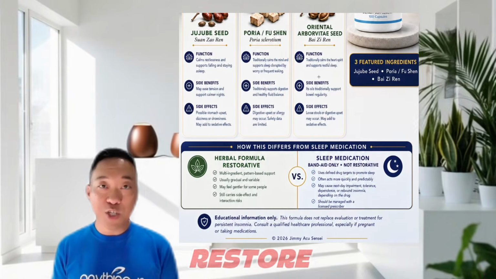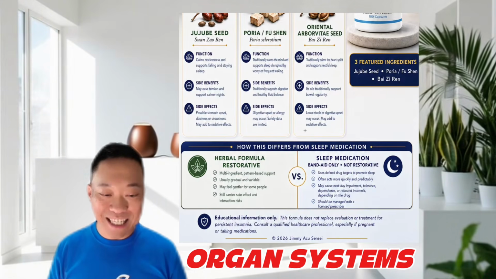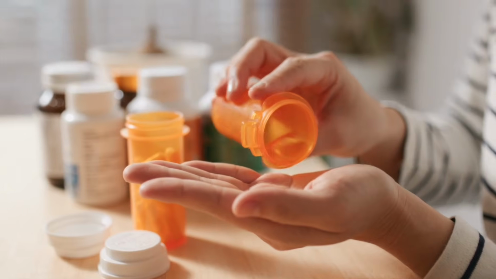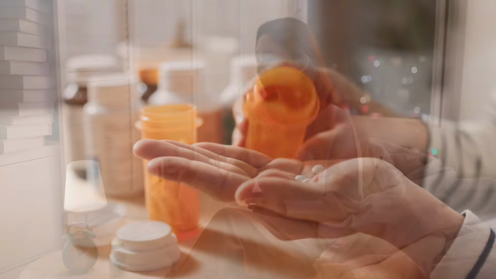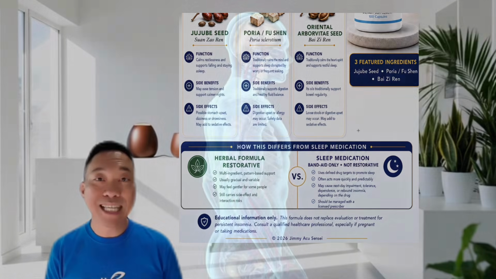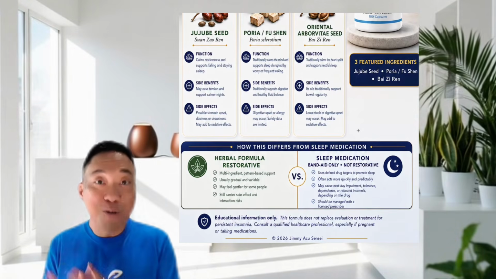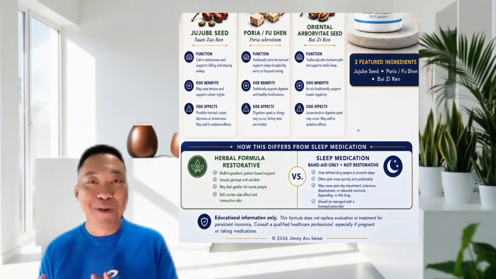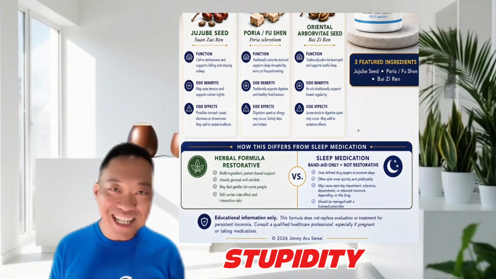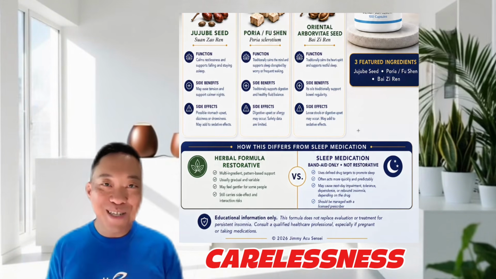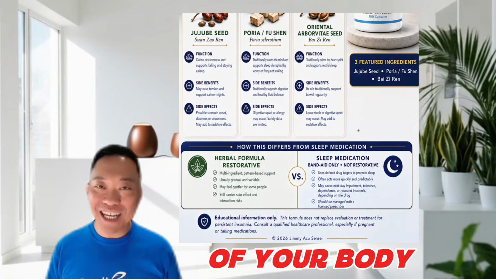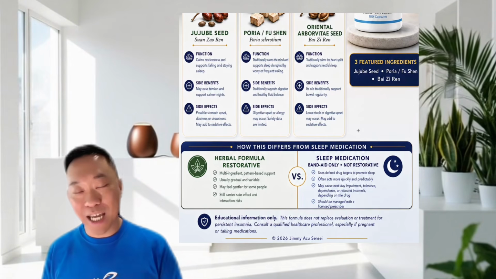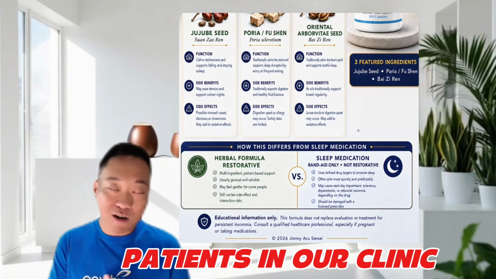This formula can restore those organ systems. That's the difference. Sleep medications are not restorative. You have to take them every day. With my formula, once your organs are restored, you won't need to take it anymore until you damage your organs again. My formulas don't prevent stupidity or carelessness, not taking care of your body. But it can help, at least for our patients in our clinic.